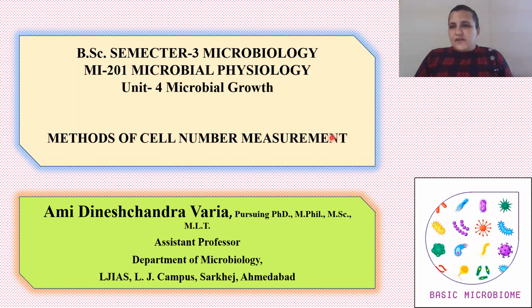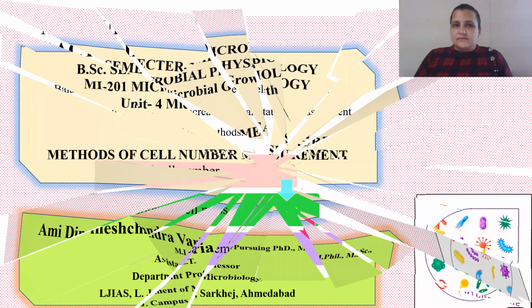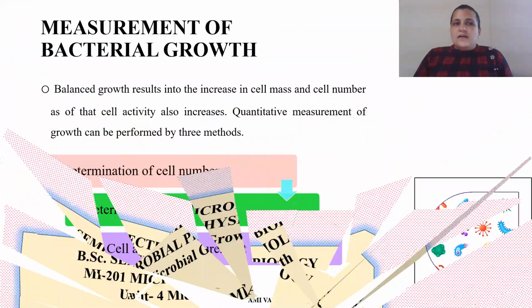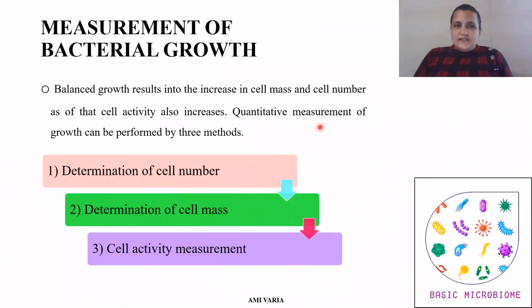The topic is from SYBSc semester 3 microbiology core course paper MI 201, microbial physiology, unit 4, microbial growth. Measurement of bacterial growth: balanced growth results in an increase in the cell mass, and that leads to an increase in the cell number.